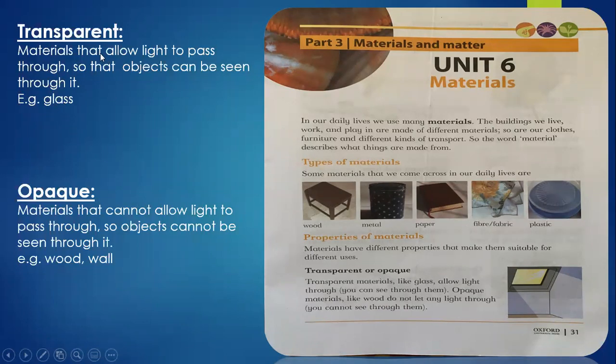Then the opposite of this property of a material, transparent, we have opaque. Materials that cannot allow light to pass through, so objects cannot be seen through it. For example, wood or wall. You cannot see through the wood or through the wall.